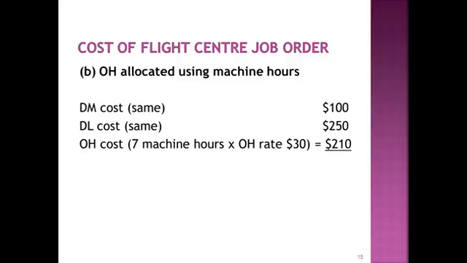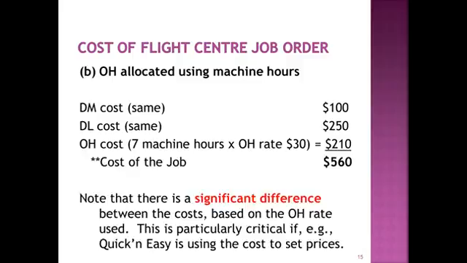So 7 times 30 is 210. The cost of the job is $560. Note that there is a significant difference between the costs based on the overhead rate, and this is particularly critical if Quick and Easy is using the cost to set prices.